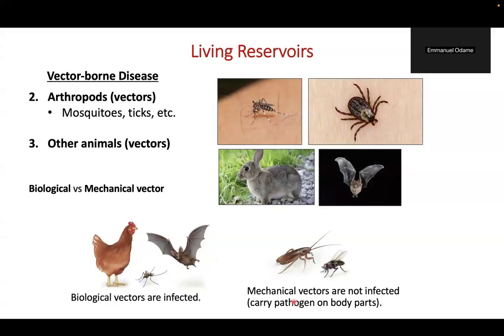They just carry the pathogens on their body and just send it around. For example, you can have a fly which will carry the pathogen, or a roach, and just send it around, compared to a chicken or a bat who might be infected. In our case, a bat might be infected with COVID-19 and might send it around, or a chicken which will have chicken pox or something and just send it around.